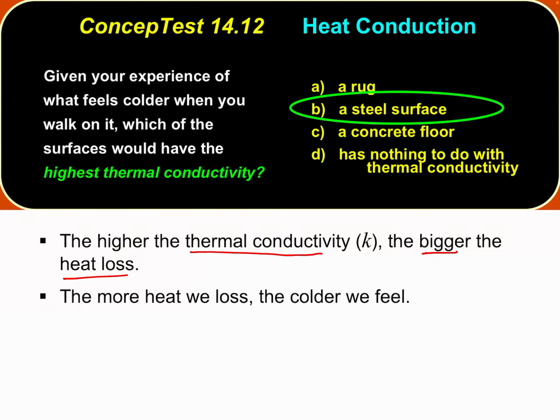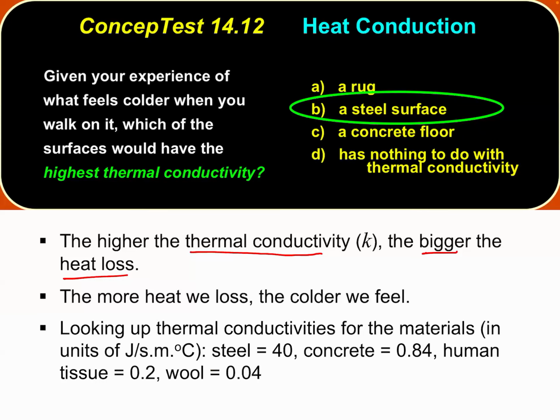Cold is, of course, a perception of temperature. So the colder we feel, the bigger the change in temperature that we experience, and that's because we cool down. In fact, thermal conductivity is a property of the material, which you can look up in some table.